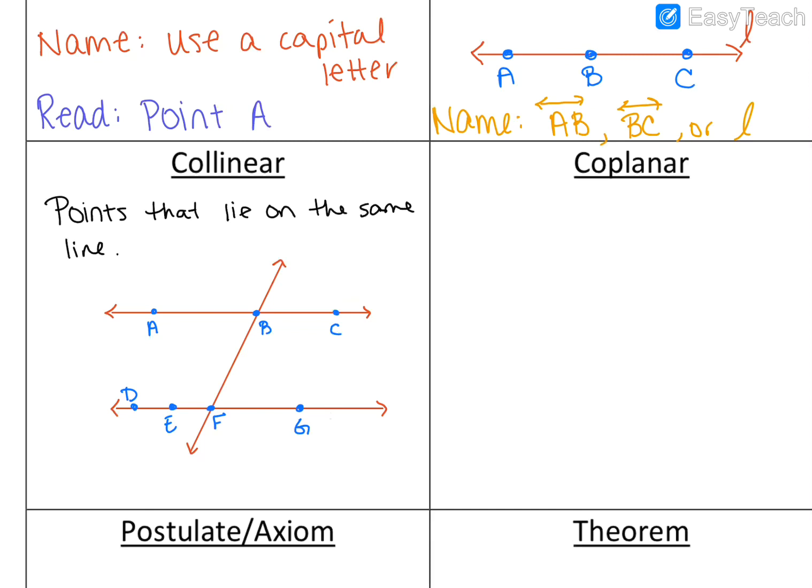However, there are many more because we know that there are an infinite number of points that make up a line. So we can say that A, B, and C are collinear.